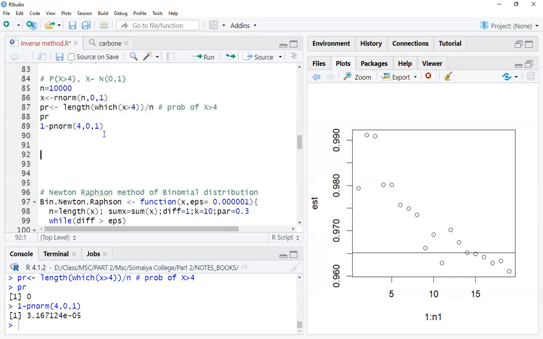Because of this problem, where we are getting 0 observations and not the exact probability, let us first understand the basics of importance sampling, and then we will do the problem based on that.